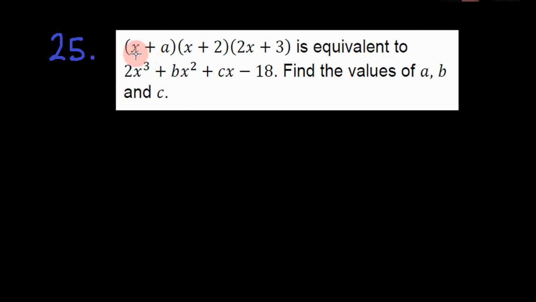Here we are told that this expression is equivalent to this one. And we need to find the values of A, B, and C. So let's start by writing that down.